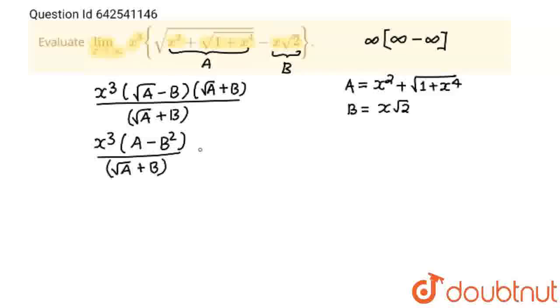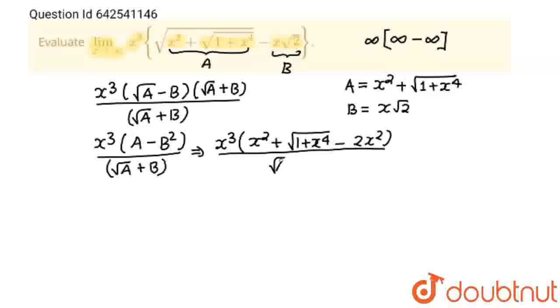Okay, now what I'm going to do, I'm going to write x cube. A is x square plus square root of 1 plus x to the power 4, minus b square, and b square is 2x square, upon square root a plus b.